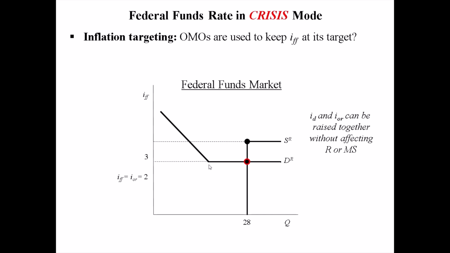Now when it does this, if you think about this point all the way straight down compared to this point, that difference is excess reserves, because this interest on reserves is serving as a binding price floor. And as the Fed raises interest on reserves and at the same time the discount rate, it's increasing the distance between this point and that point, given a static demand curve for reserves.